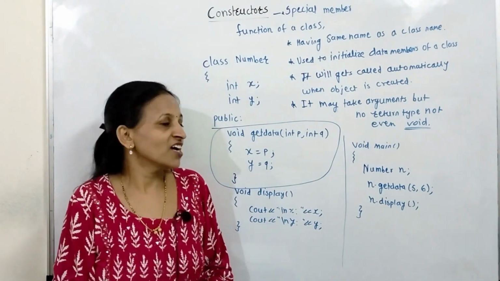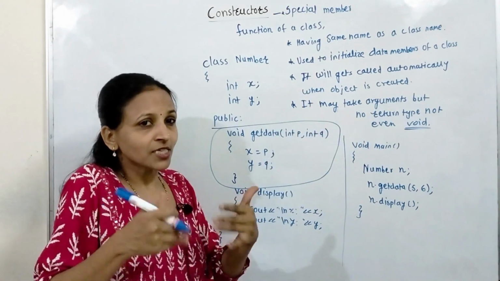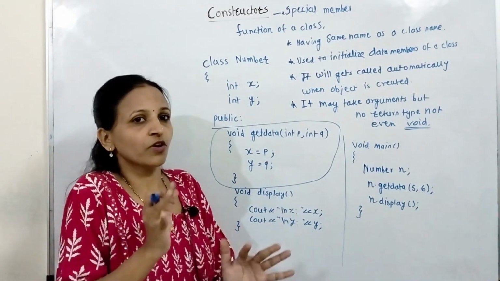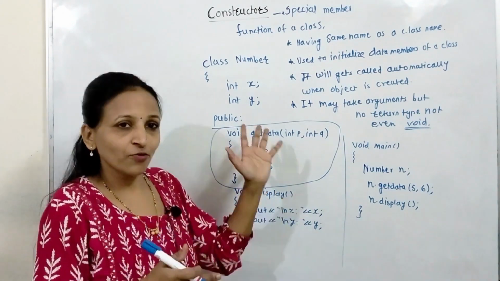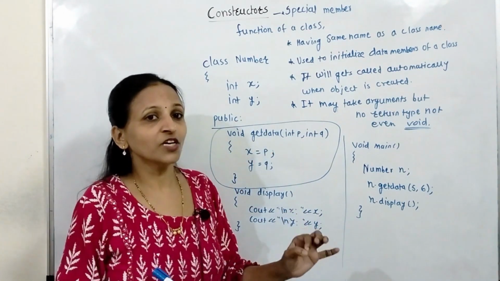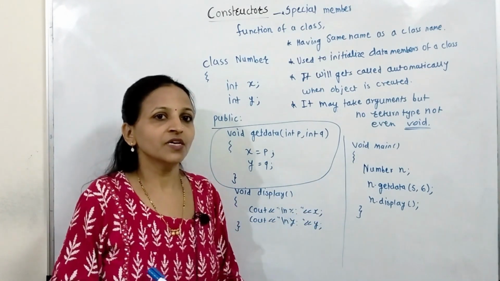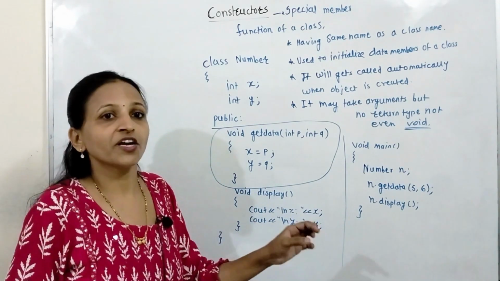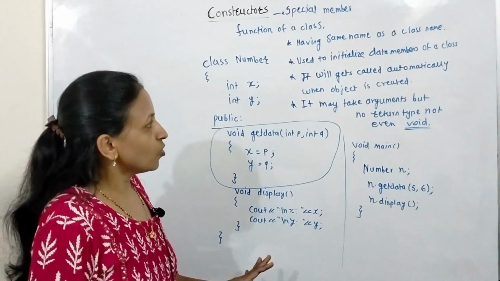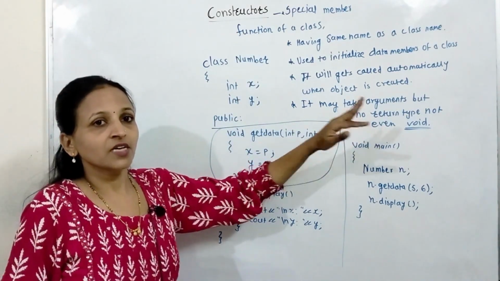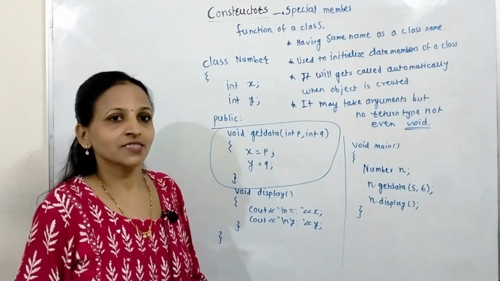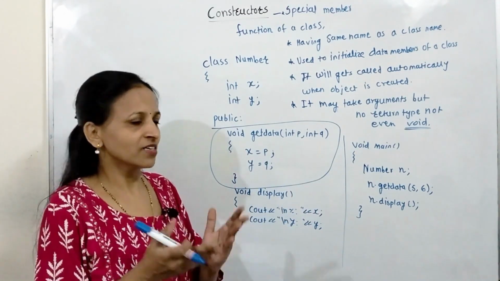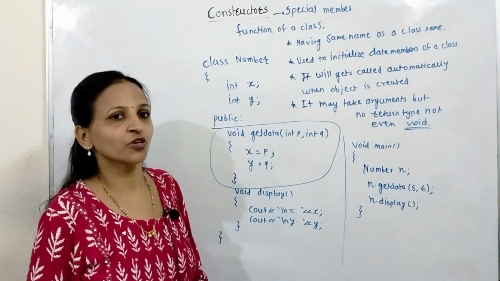That's why a constructor internally returns the object of that class where you have written the constructor. Don't mention a return type while writing a constructor, not even void. Now using these points, we can write a constructor for this number class. How to write it and how it will get called, I am going to explain everything.